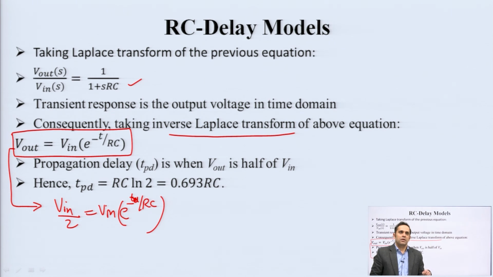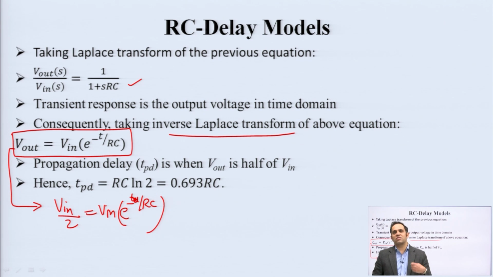A small mathematical analysis tells me that the time it takes for 50% of my input change to appear at the output is RC times natural log of 2, so almost 0.7 times, or 70%, of the RC time constant.